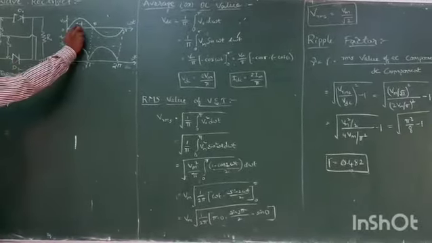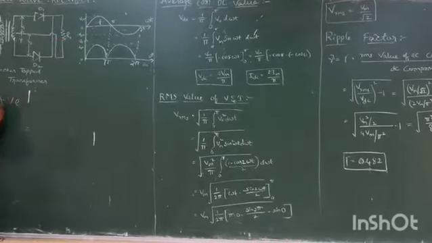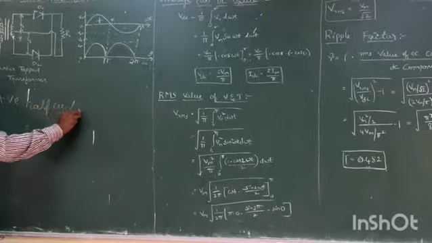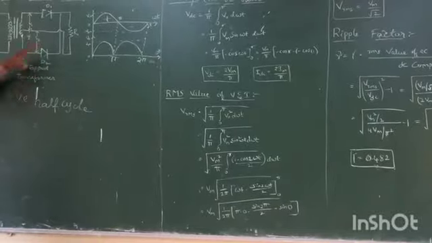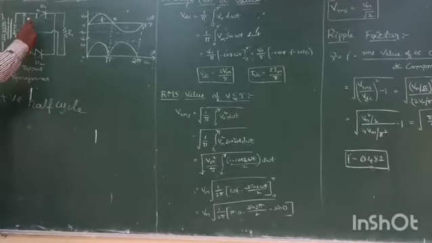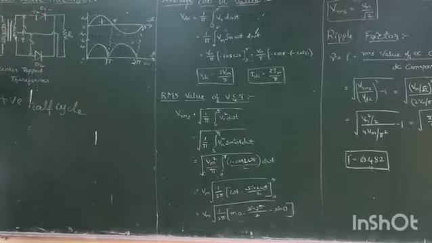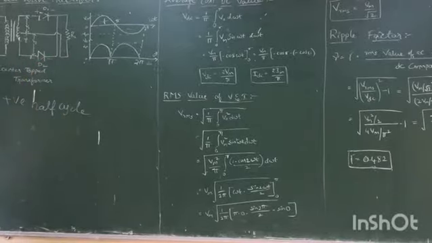This is the positive half cycle. During the positive half cycle, what will happen in the circuit? For diode D1, this is positive and this is negative, and the same thing here, positive and negative.